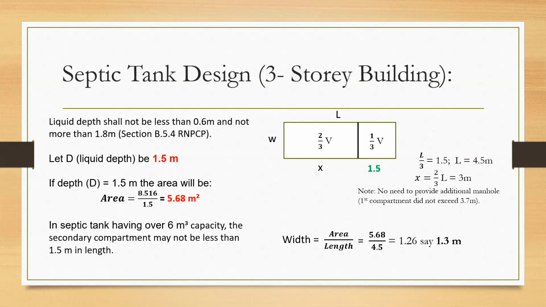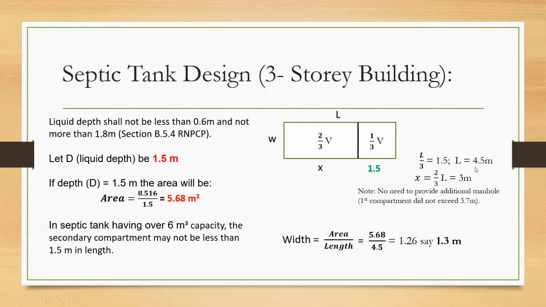no need to provide additional manhole. First compartment did not exceed 3.7 meters. Bakit? Kung ang aking second compartment is 1.5 meters, so therefore, that is 1/3 of L. No? Kung L po ito yung L natin, ito ay 1.5, makukuha ko na yung value ng L. So L over 3 is equal to 1.5.